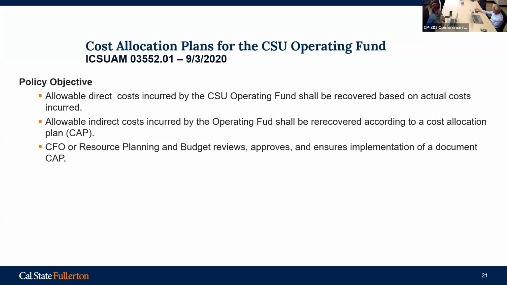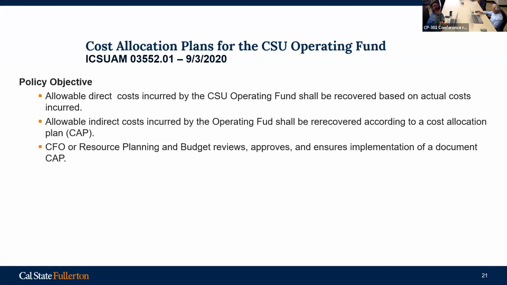And specifically here on campus, the resource planning and budget, that's where I'm coming from, is in charge of developing the cost allocation plan. It's a long process. It takes several months to do it, but eventually we have finished and then develop a plan, and each auxiliary gets charged a certain amount for central administration services.